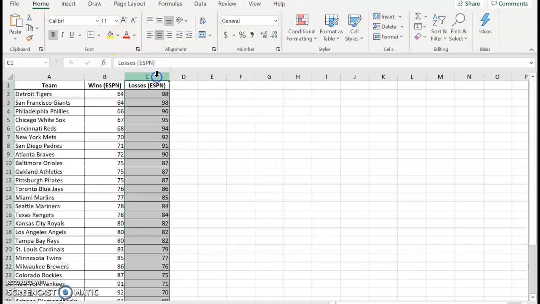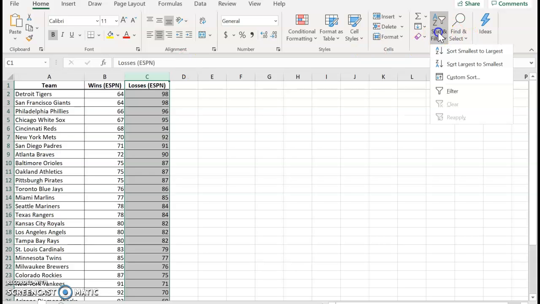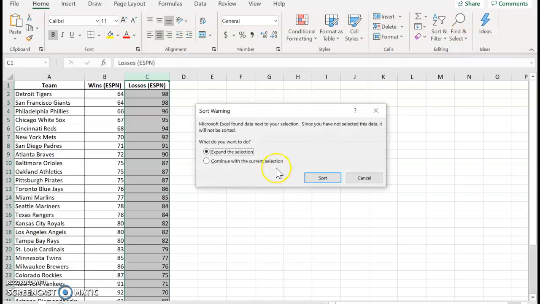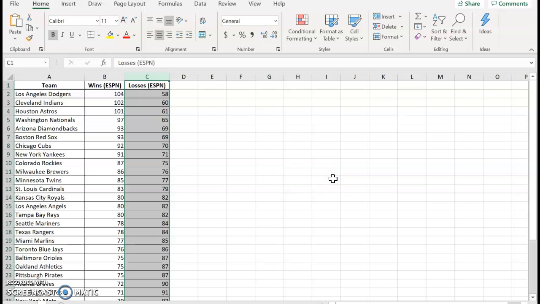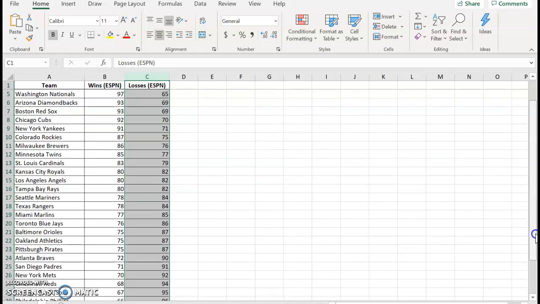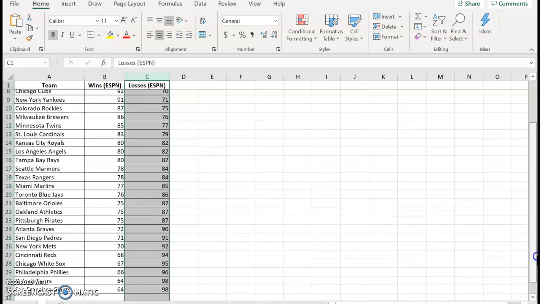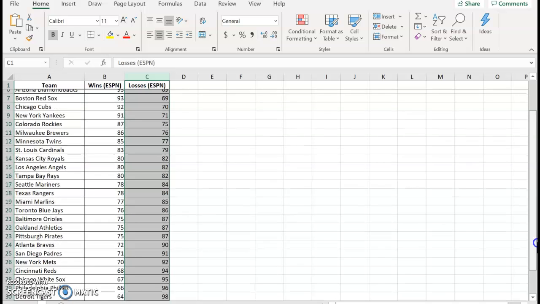So we're going to sort by losses. And let's look and see. Oakland Athletics.